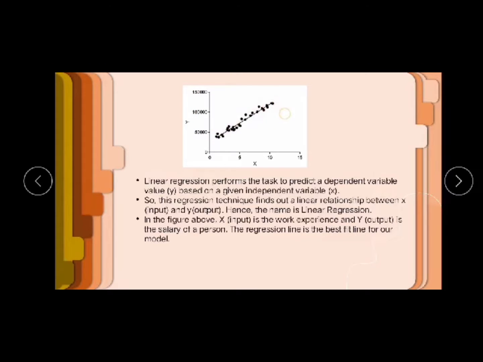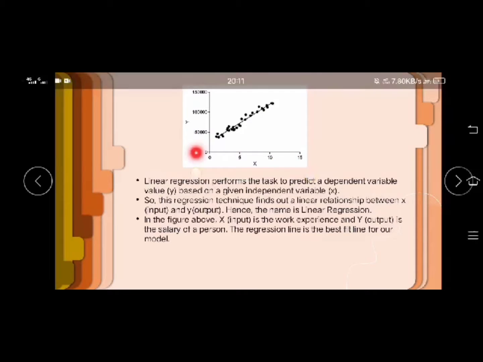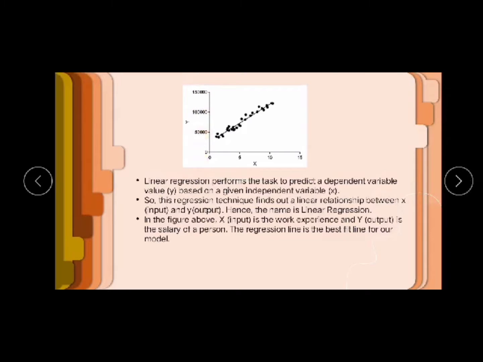Based on this image, we can see a line going upwards. Let's say that x denotes the years of work experience of a person, and these are his salary. So if a person's work experience is 5 years, his or her salary may be in line here with 50,000.